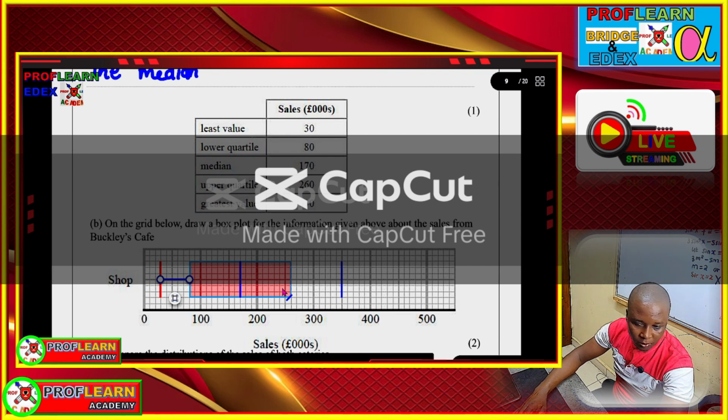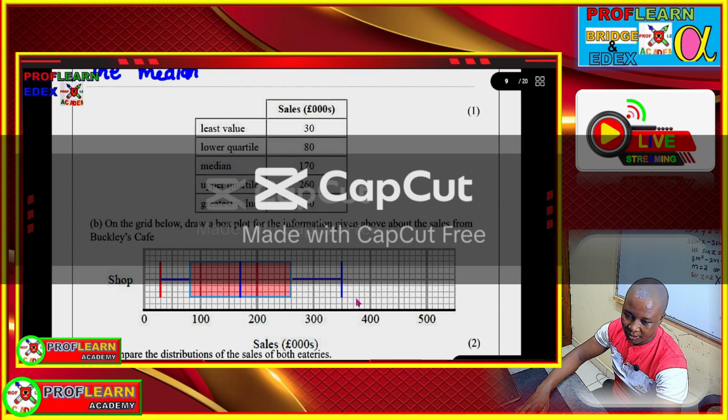All right, so let's proceed from where we had left. In this case, we are given the least value as 30. So you go on the table, you can see I've indicated the least value where I have the first red line. That is where the least value is, which is 30. What you just need to do is to understand the scale.